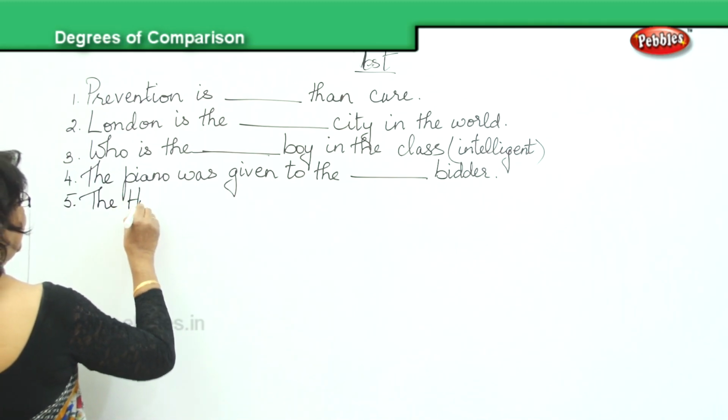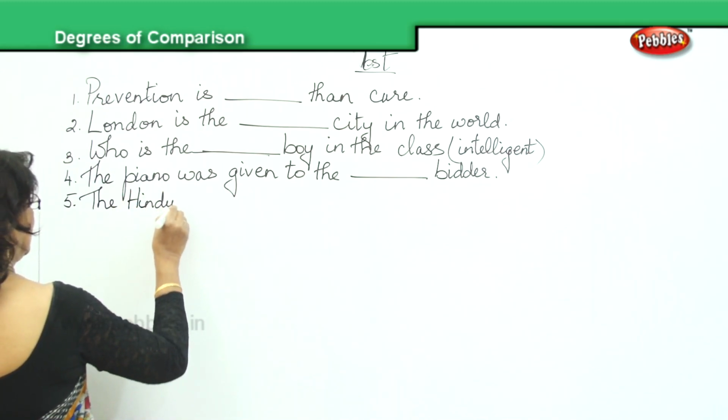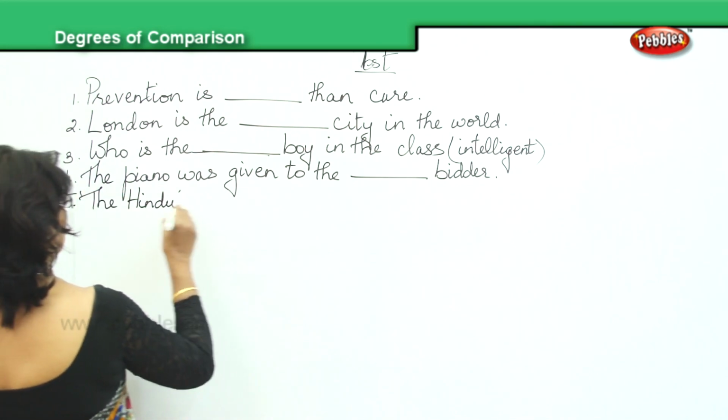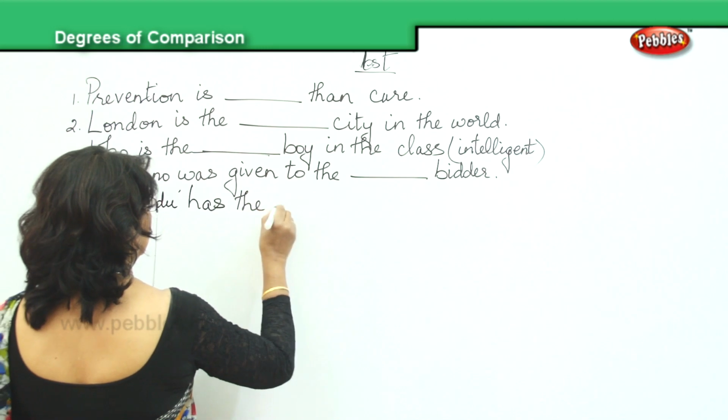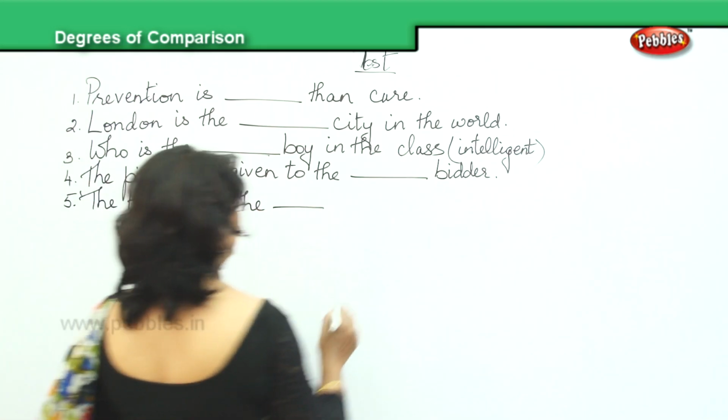The Hindu, it's a newspaper, has the dash circulation.